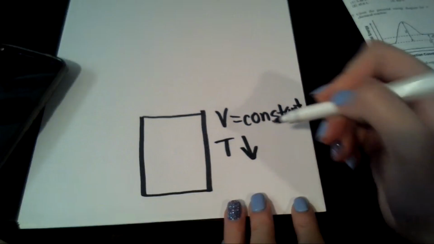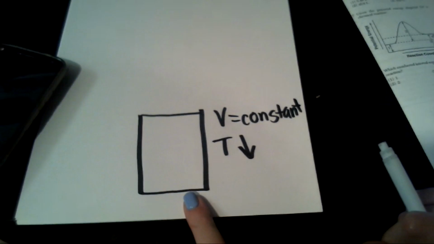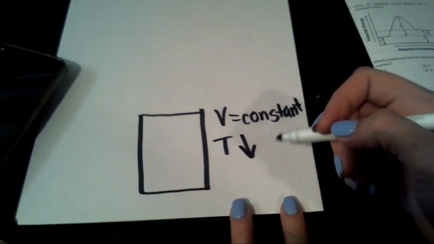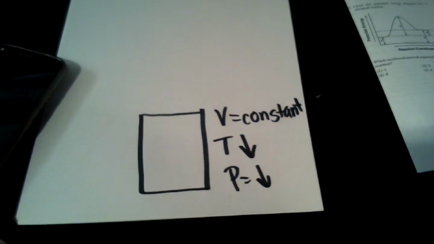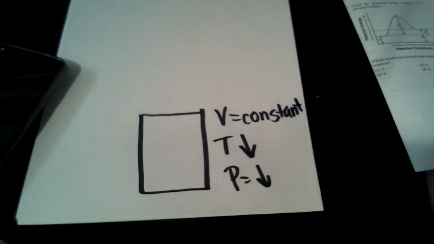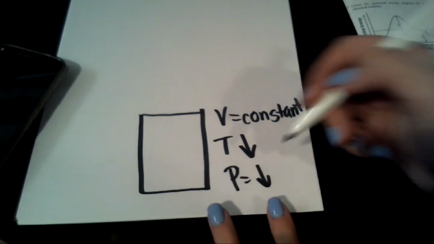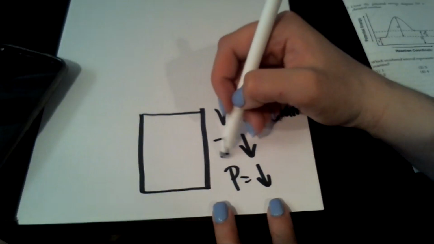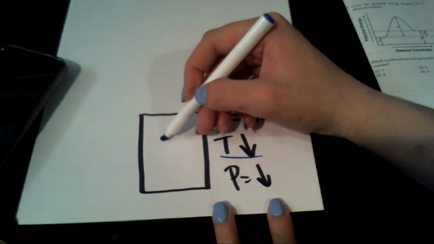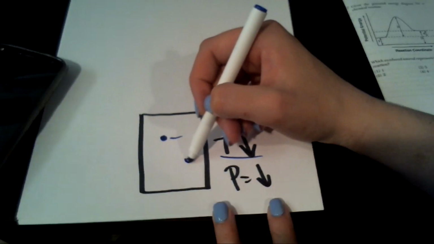Okay, so we have a sample of gas cooled, temperature is dropping. In a sealed rigid container, the pressure is going to decrease, but the question is why? Remember, pressure is a force of pushing. So if our pressure is dropping, temperature is dropping.